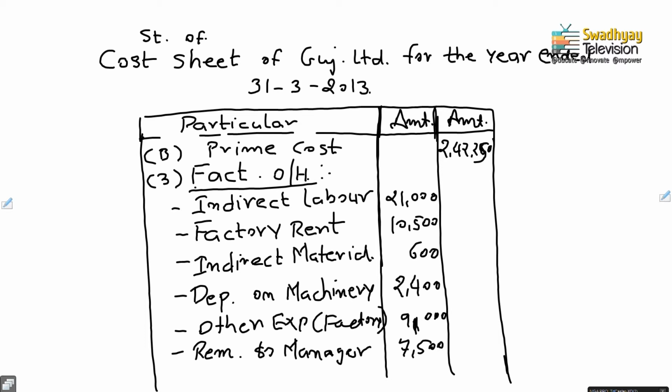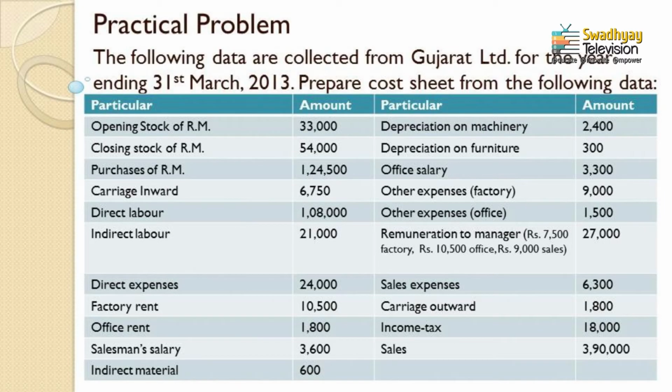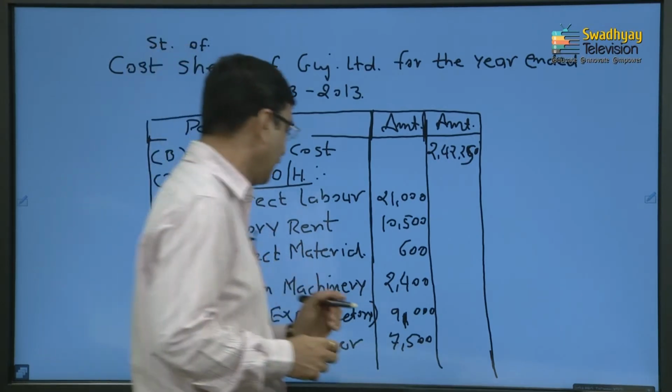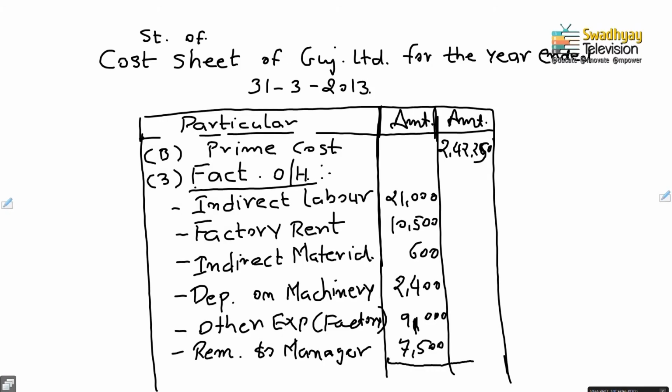See the question, are any more items related to the factory overheads remaining? No. So far as factory expenses are concerned, all the factory expenses which are given in the question are already recorded in the factory overheads. Now make a total of this factory overheads and transfer into the outer column. The total amount of factory overhead comes to 51,000 rupees.